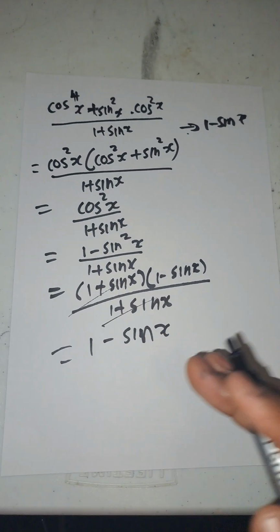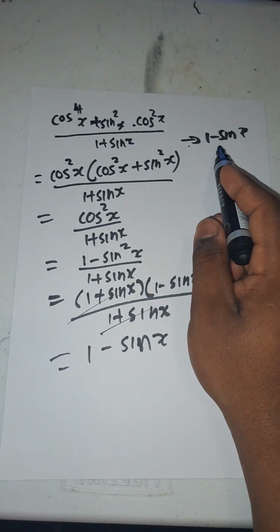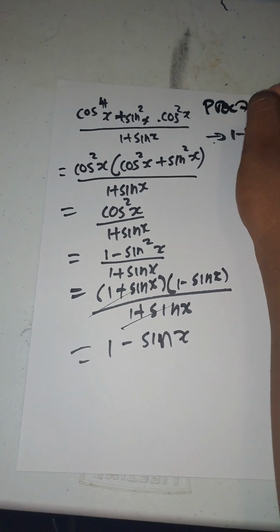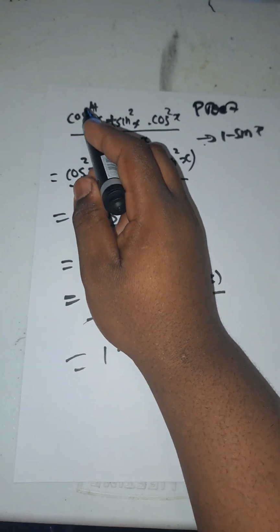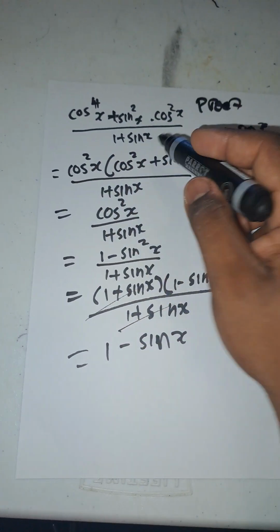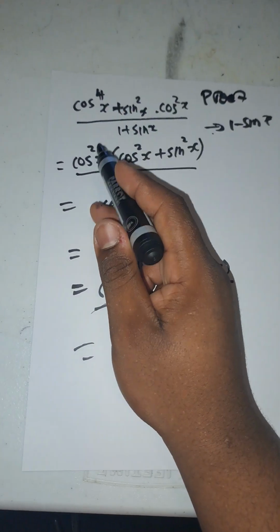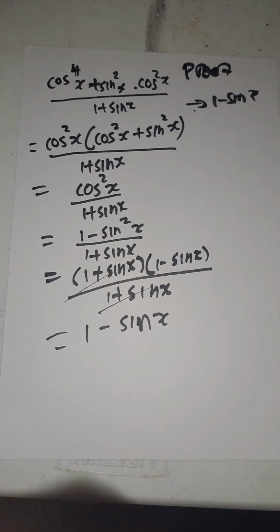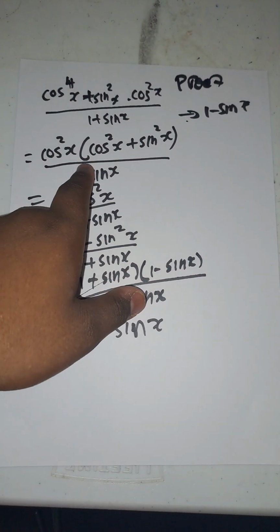Okay, so in this question they said that you must prove that this whole expression is equal to 1 minus sine x. So this one was a proof. The first thing that I realized was that cos squared x is common, because it is cos to the power 4, and 4 and 2 can be divided easily. So cos squared x was common, and I factored it out.